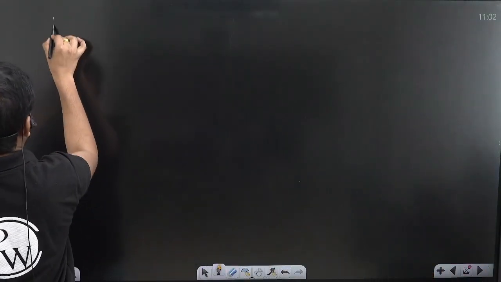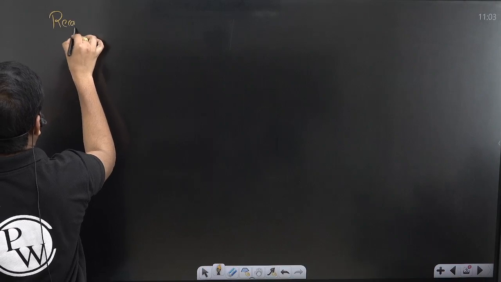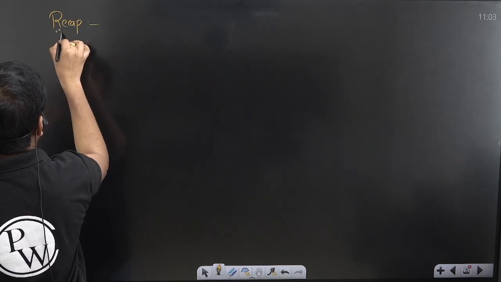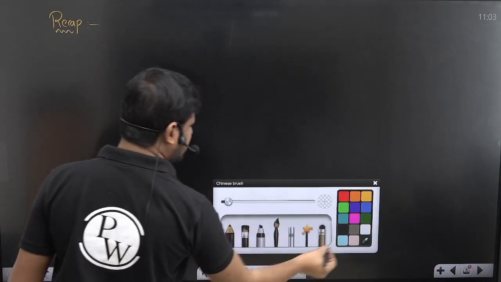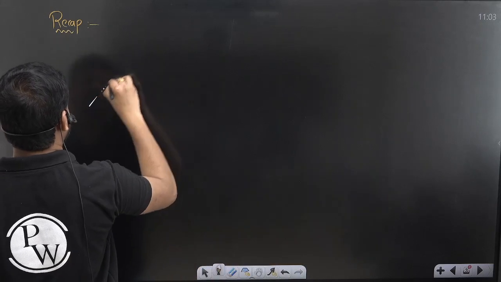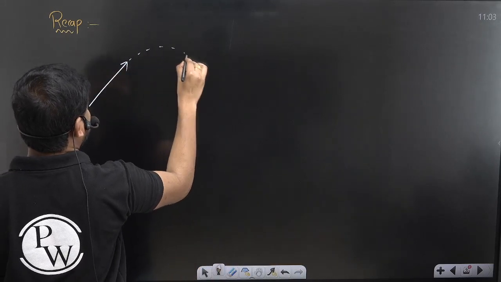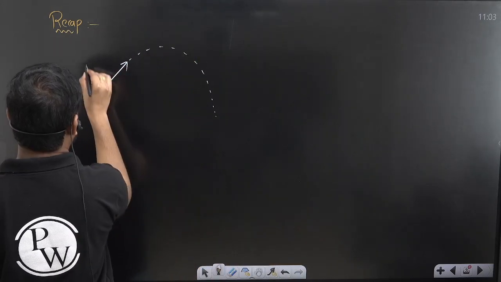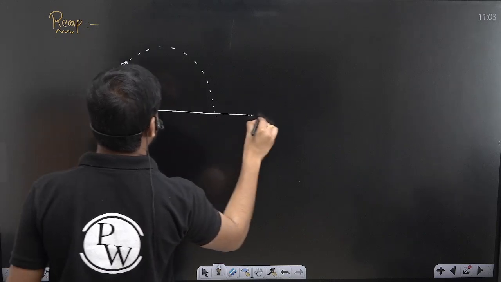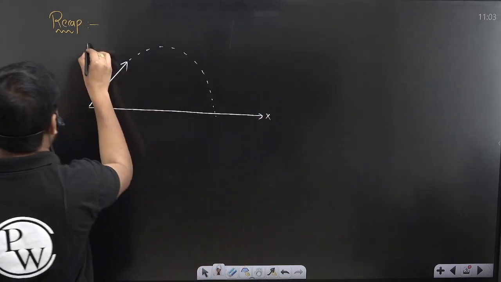Before going to today's topic, let's recap the previous class topics. When a body is thrown with some angle, it moves like this. This is the x direction and this is the y direction.